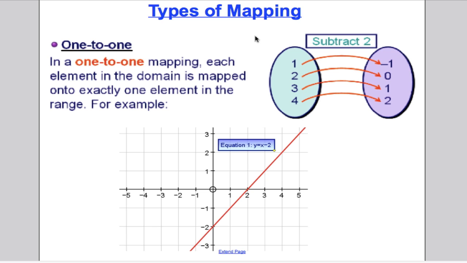Now, types of mappings. Let's just talk about it, there are 4 types of mappings. There are one-to-one mappings. Okay, that is when every element of the domain, every number you put in, gets mapped uniquely to one element of the range. So here's our rule, subtract 2. Every time I put an x in, I get our own unique output in the range set.